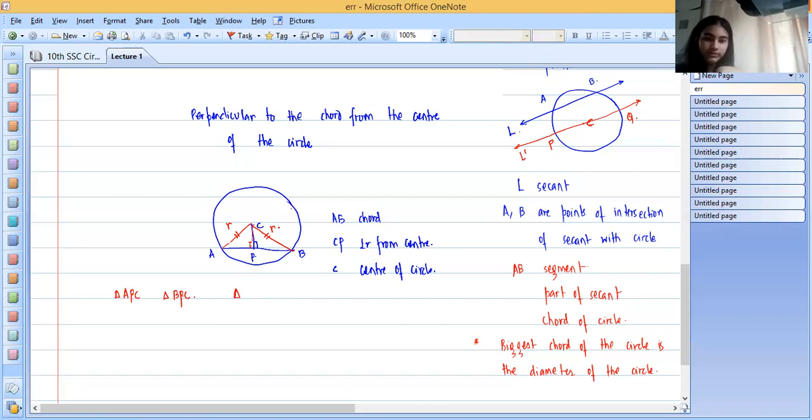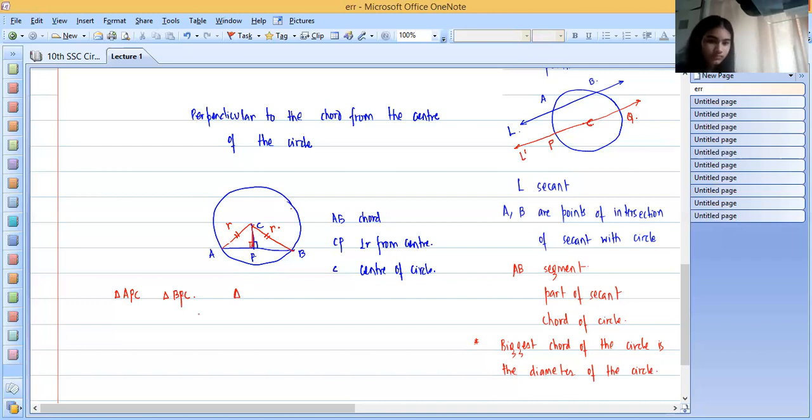CP equal to CP. So these two triangles are congruent by the RHS test. In a right angle triangle, one hypotenuse is equal to the other hypotenuse, and one side is equal to the other side. So obviously, when we use the Pythagoras theorem, we can prove that AP is equal to BP.